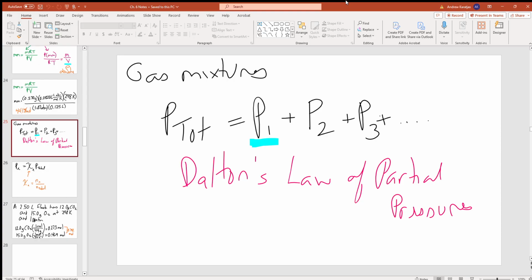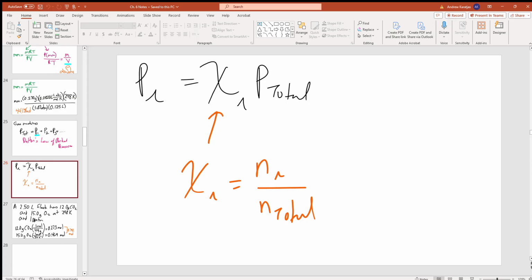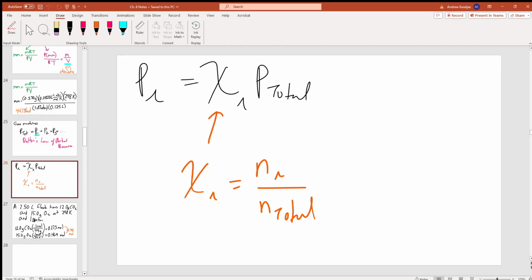Now, how do we calculate the partial pressure? Well, we need what's known as the mole fraction of each component. And the mole fraction is this quantity in this equation.